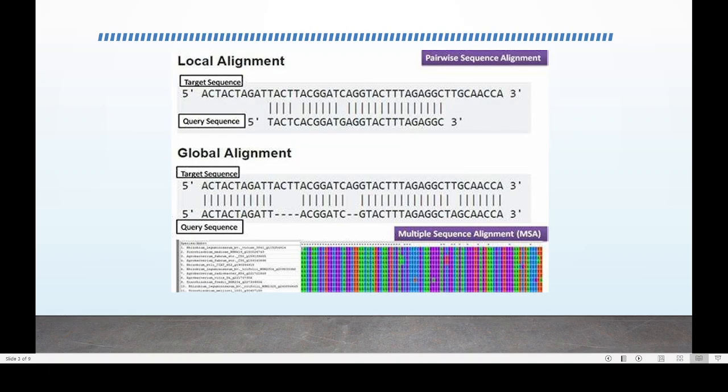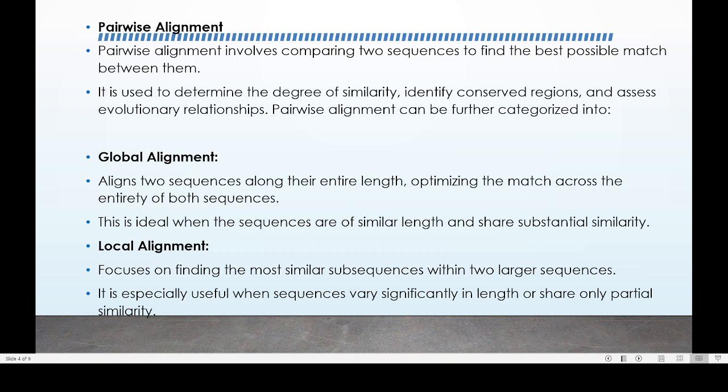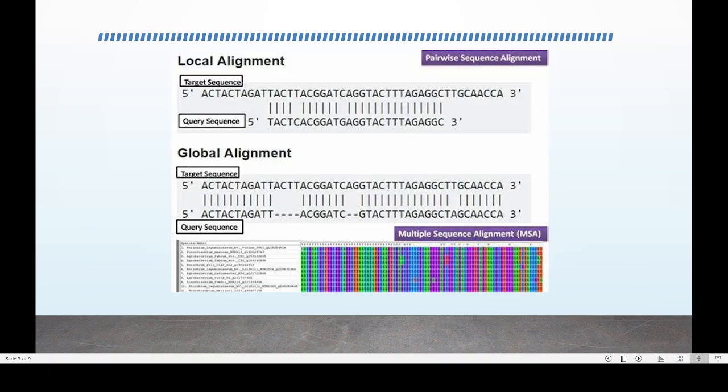Here there are mainly two types of alignment. One is pairwise alignment, and the other is global alignment as well as local alignment. In the case of pairwise alignment, we take two sequences. This is what is shown here, the first one. This is one sequence, this is another sequence.